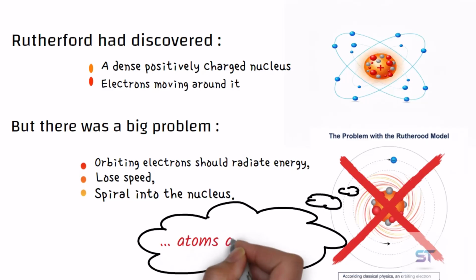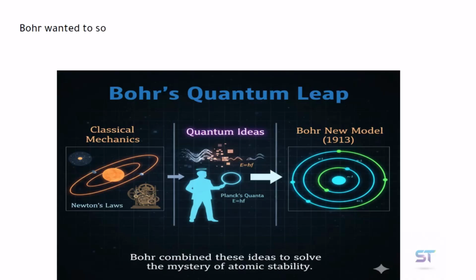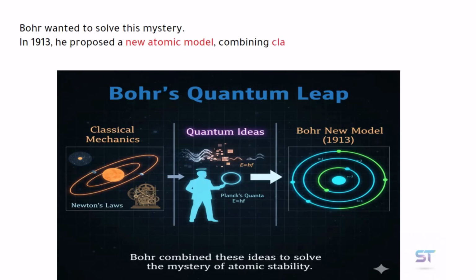Yet atoms are stable. Bohr wanted to solve this mystery. In 1913, he proposed a new atomic model, combining classical mechanics with quantum ideas from Max Planck.